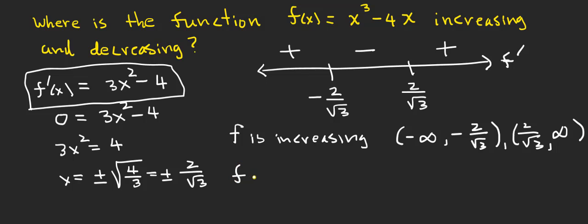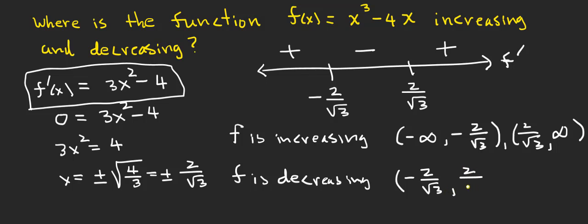And f is decreasing when f prime is negative. That happens when the interval is from negative 2 over radical 3 to 2 over radical 3.